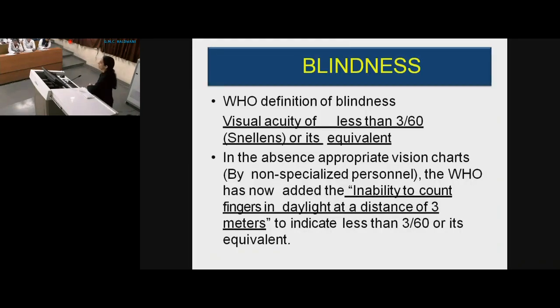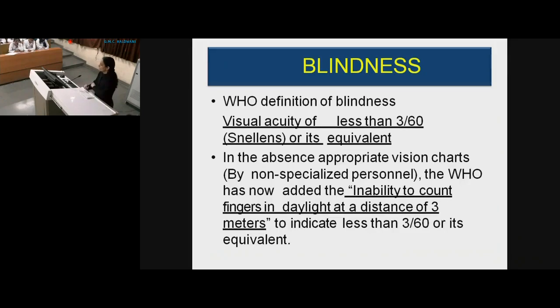So WHO has defined blindness as visual acuity of less than 3/60 according to Snellen's chart or its equivalent. All of you must have seen Snellen's chart. Yes or no? Where have you seen it? Ophthalmics department, right?